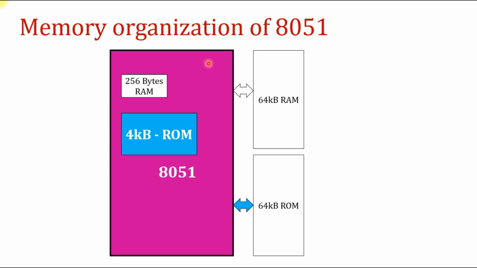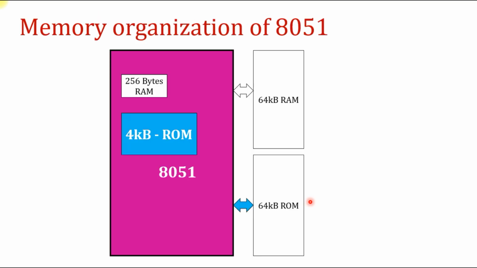So this picture will clearly give an idea about the memory organization in 8051. Within the chip itself there is ROM with a size of 4 KB and RAM with a size of 256 bytes. And we can extend the memory by 64 KB RAM and 64 KB of ROM.